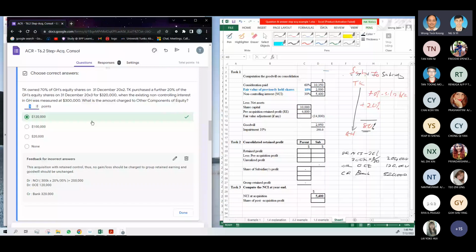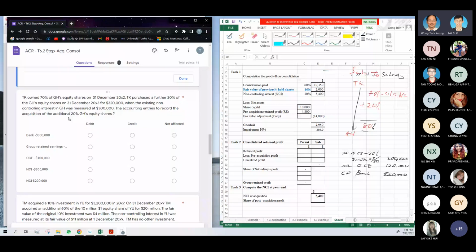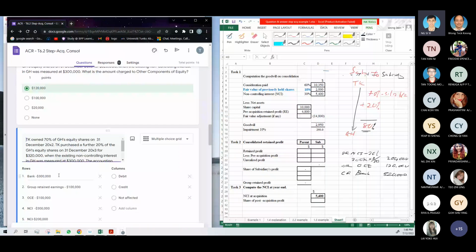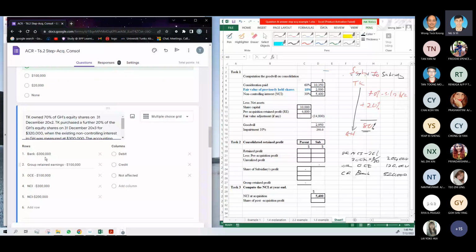So in this case, they ask you the double entry. I already gave it to you here. So you pay 320. Go to OCI, you'll be 120.